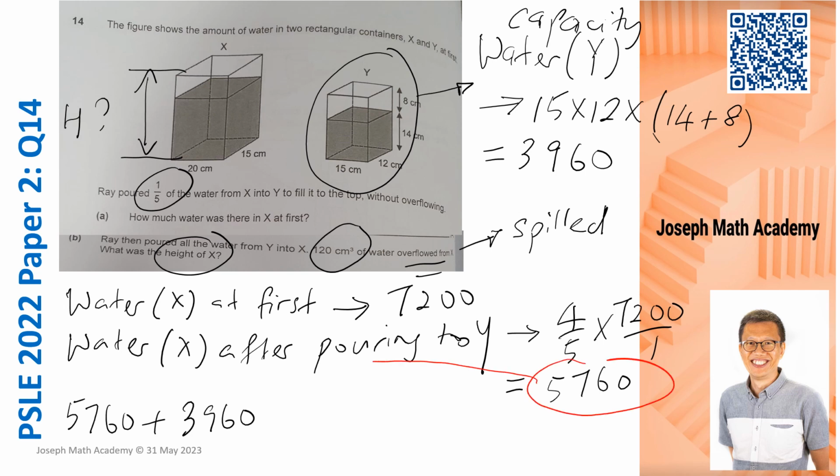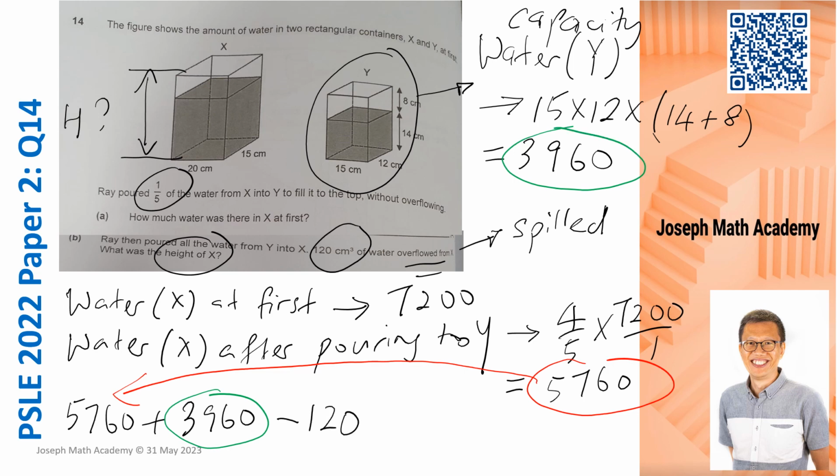Then this one is from Y, it's here. Now, causing the spilling, you get 9600. So 9600 should be the capacity of container X.